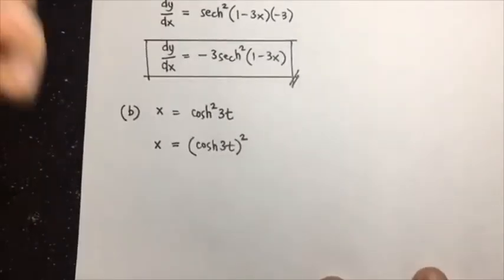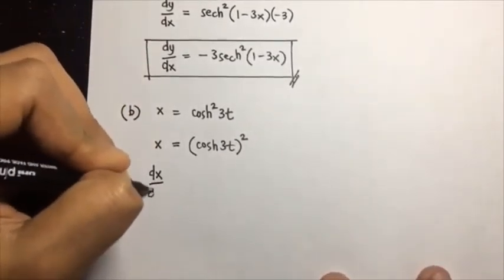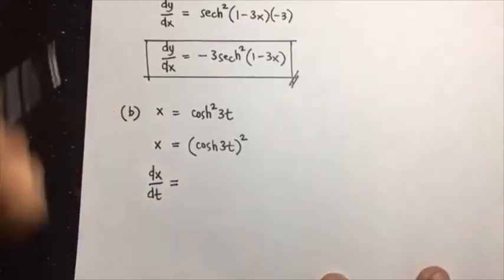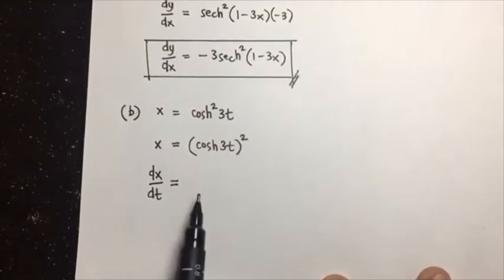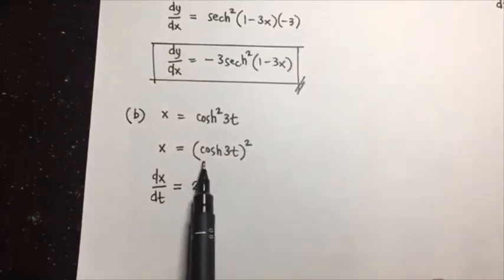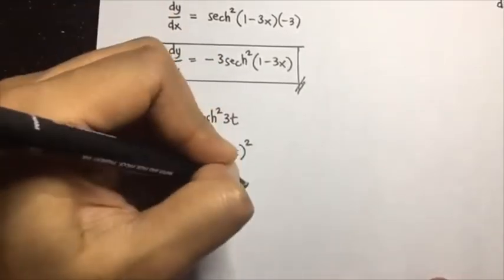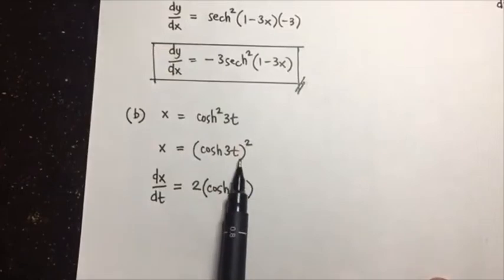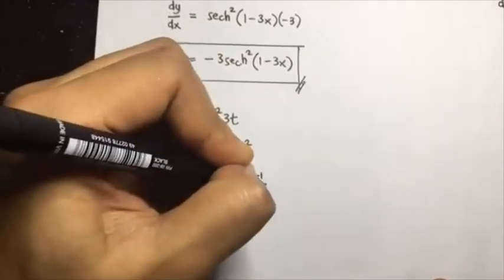Following the general power formula, our derivative of x with respect to t is equal to 2 times hyperbolic cosine of 3t raised to 2 minus 1.